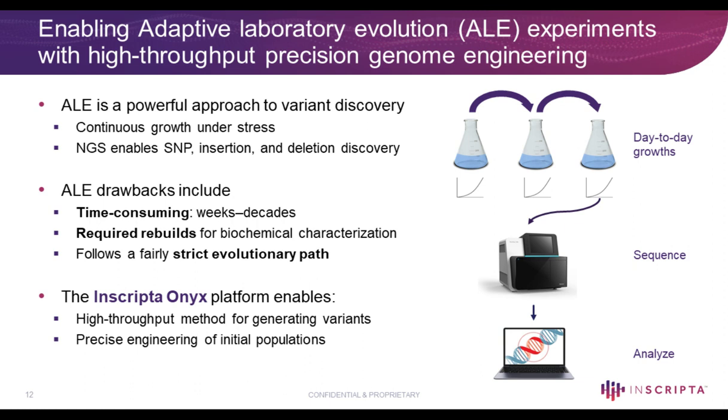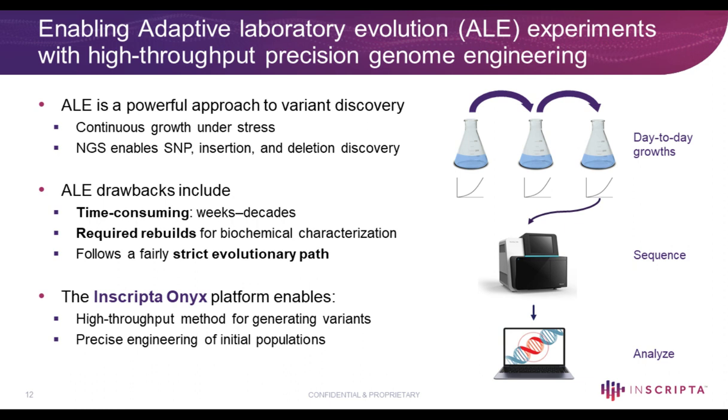but can also give rise to new biochemical information. However, ALE has a couple of drawbacks in that it's time consuming. It can take weeks to run an experiment, or, tongue-in-cheek, it can run for decades to be able to explore the mutation space. It does require typically rebuilding that strain for downstream characterization for new biochemical understanding, as well as having that engineered custom strain.